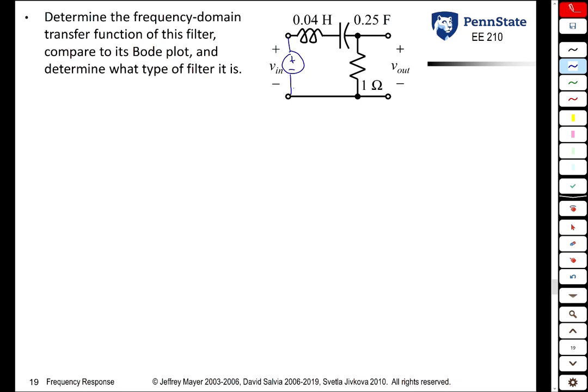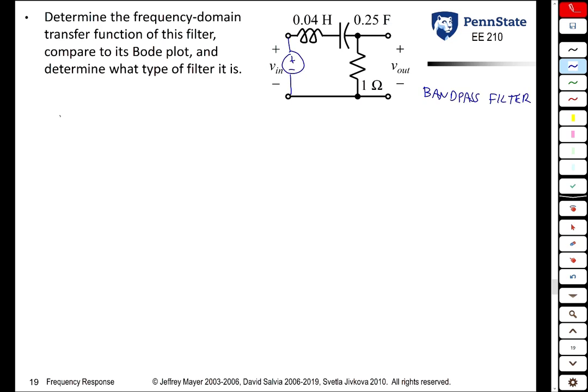So there's going to be some middle frequency where the output equals the input. So this is what we call a band pass filter. It blocks low frequencies, it blocks high frequencies, but there's some middle frequency that it's going to let pass through the filter. So let's look at this mathematically.